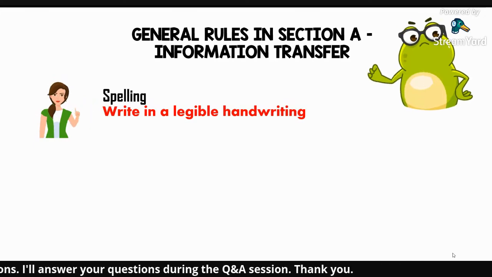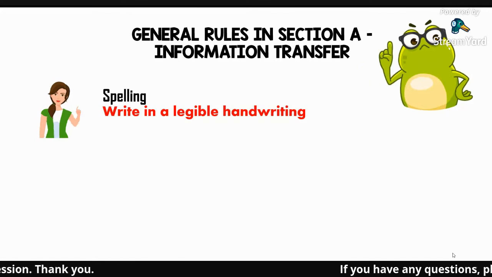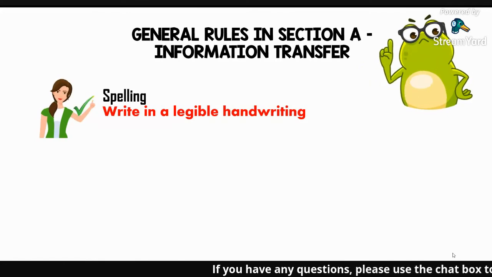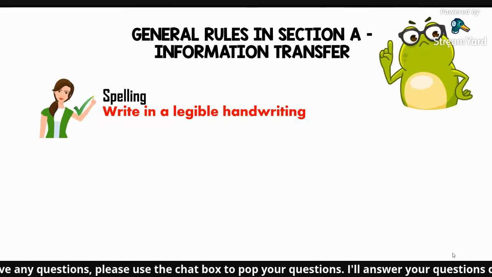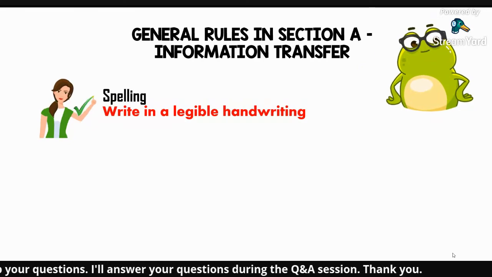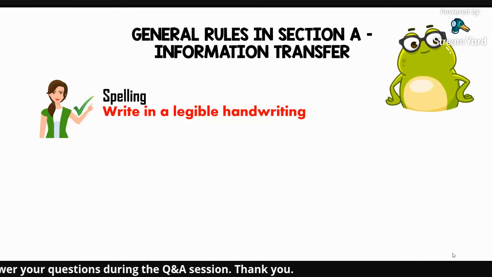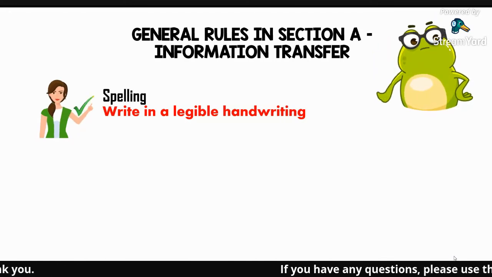Legible means neat handwriting. Your handwriting has to be neat and viewable. That means the person who is looking at your handwriting is able to read it. You got that? I'm going to show you some examples here.